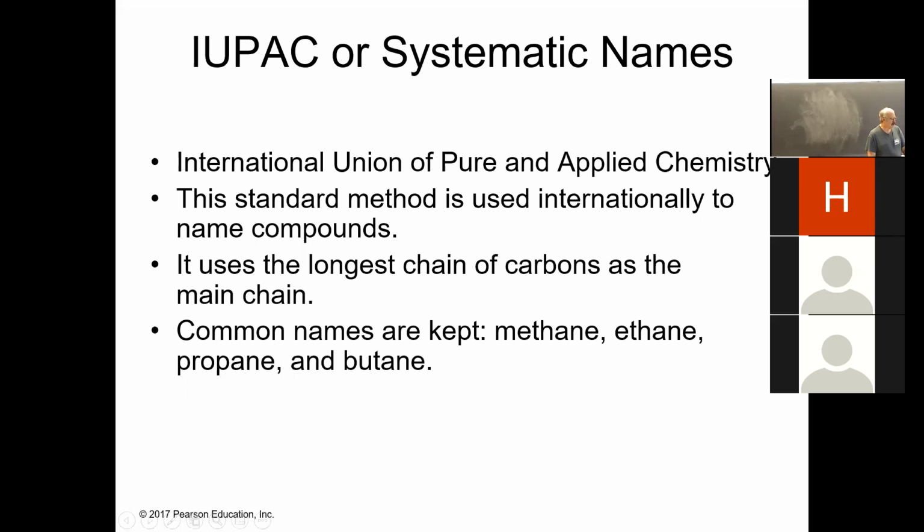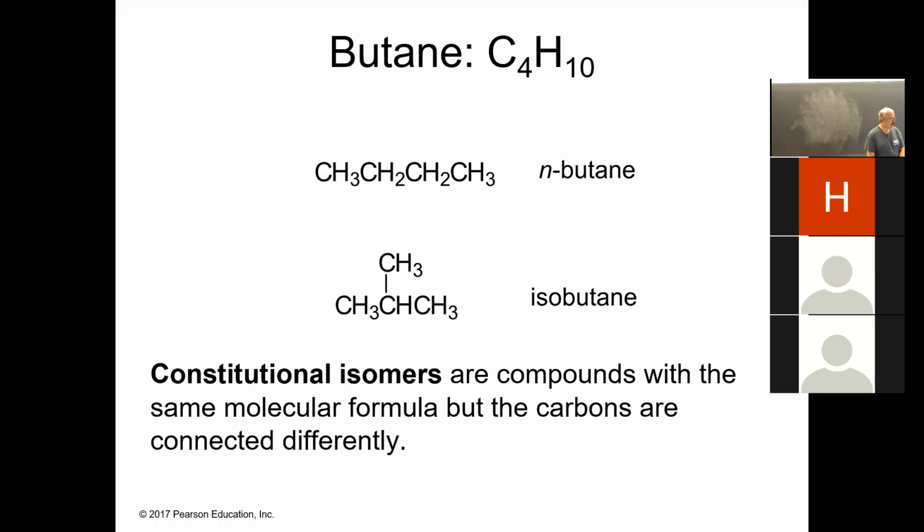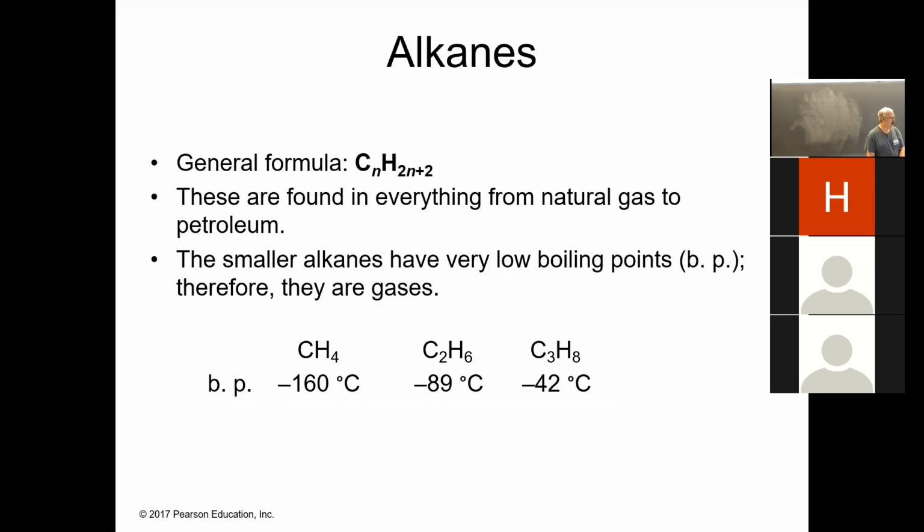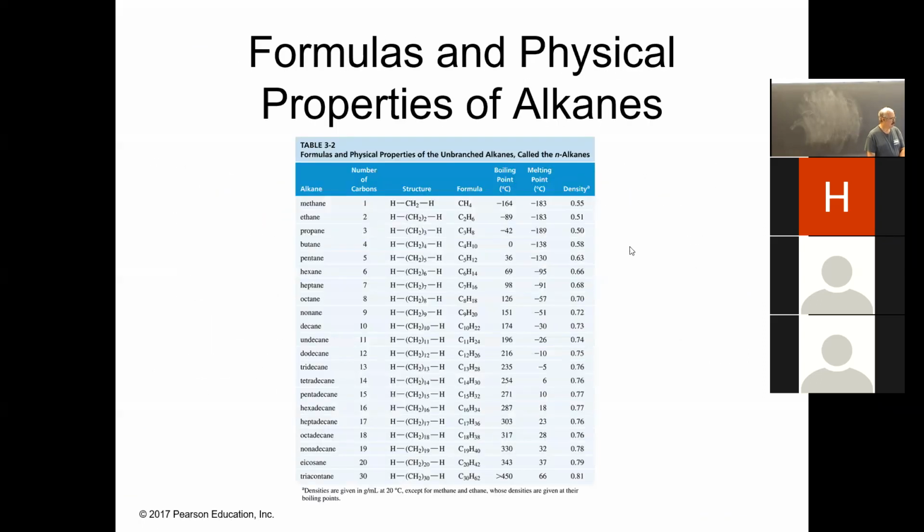Okay, so in this standard method, which is used internationally, it uses the longest chain of carbons as the main chain. Okay, so going back to our table earlier, these are all main chains.